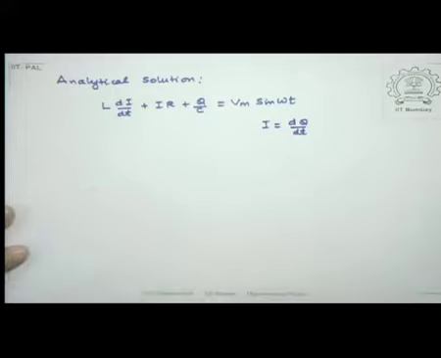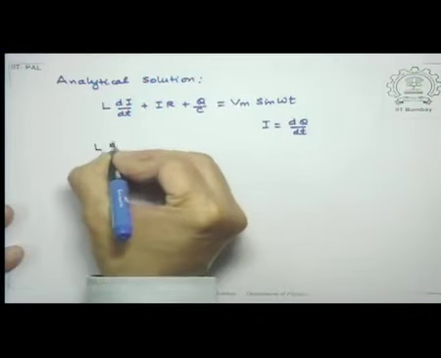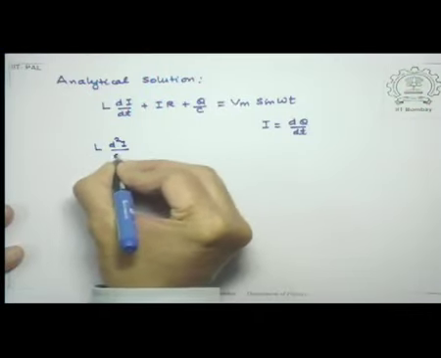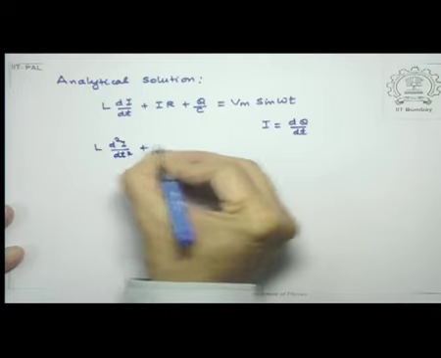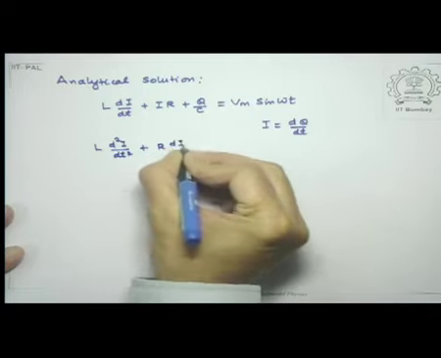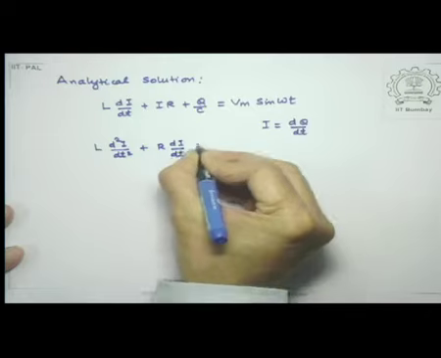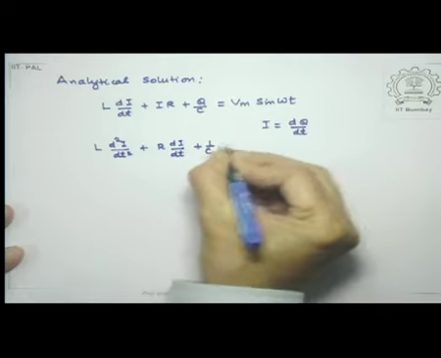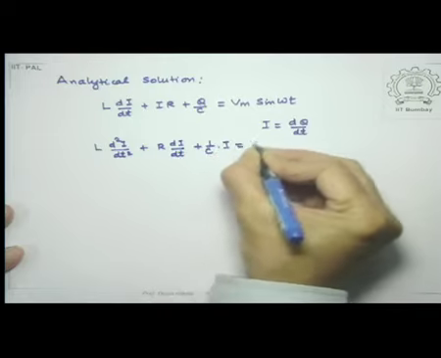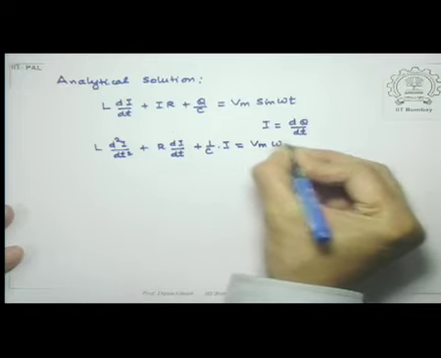Since I am only interested in current for the moment, let me differentiate this equation once more. So we get L d square I over dt square plus R di by dt plus 1 over C times dq by dt, which is equal to I, and that's equal to Vm omega cosine of omega t.